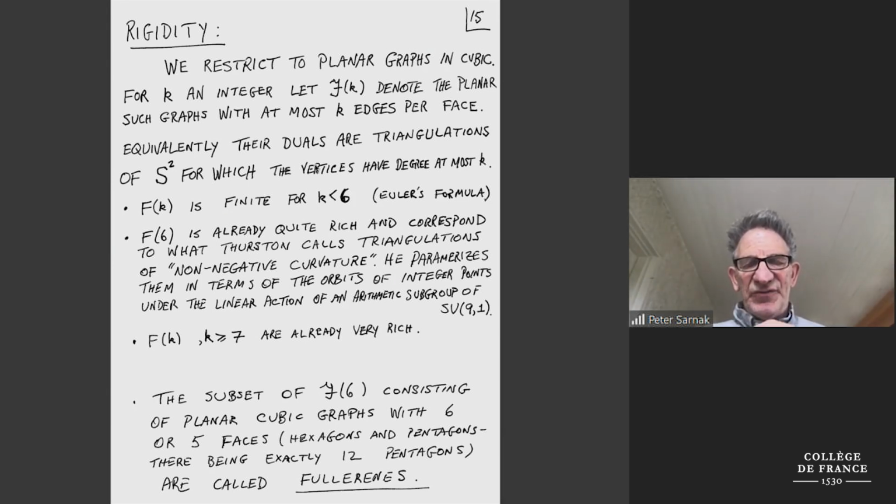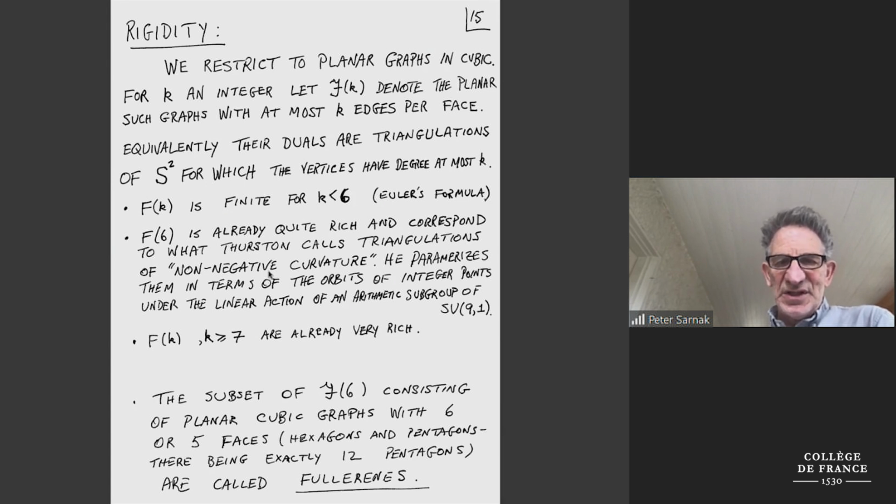So it's easy to see from Euler's formula that F_k is finite if k is less than 6. That's just immediate. So F_6 is really interesting. So these are triangulations with at most degree 6, or these three regular graphs where the number of sides per face is at most 6. These have been studied actually by Thurston in a paper that's absolutely beautiful.